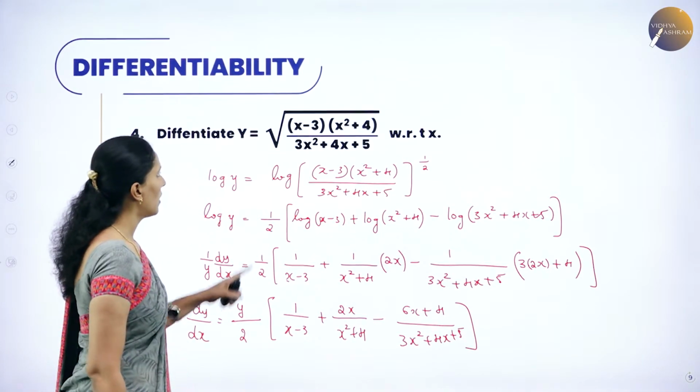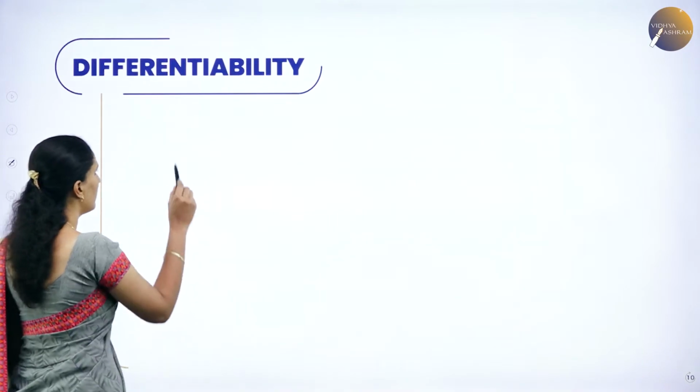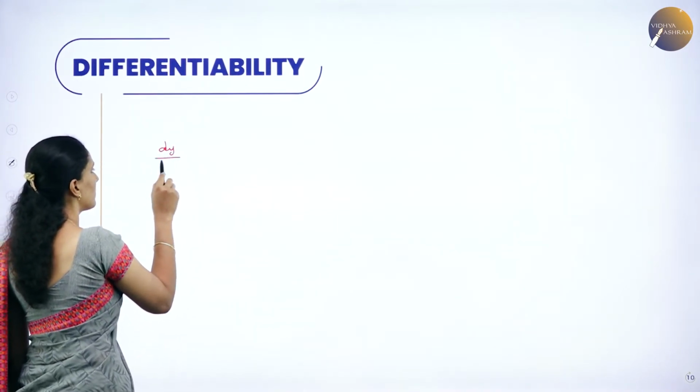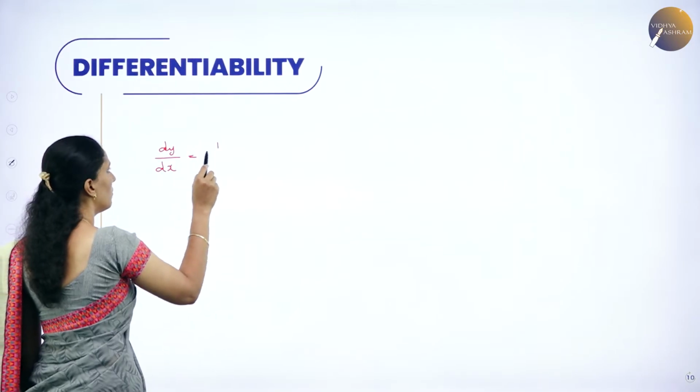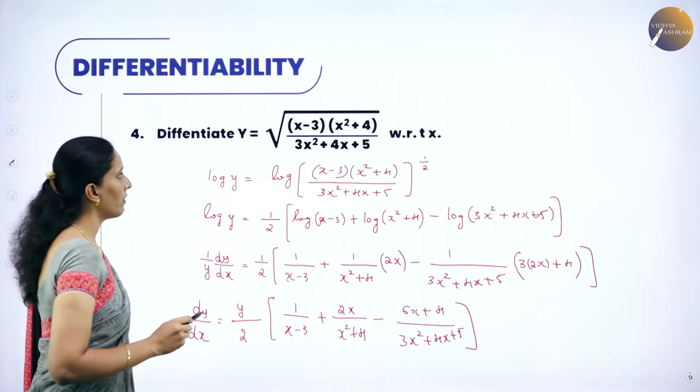If you replace y in this form, then dy by dx is equal to 1 by 2. So what is y we have to write?